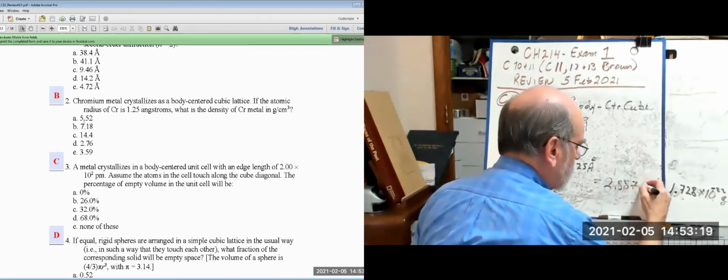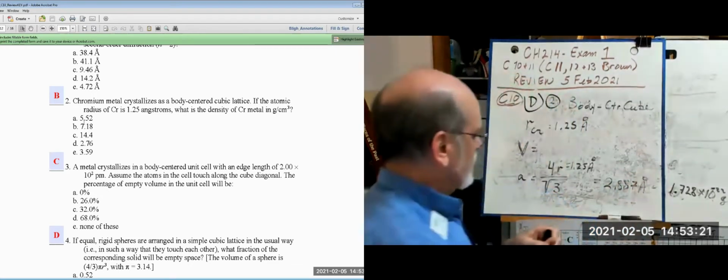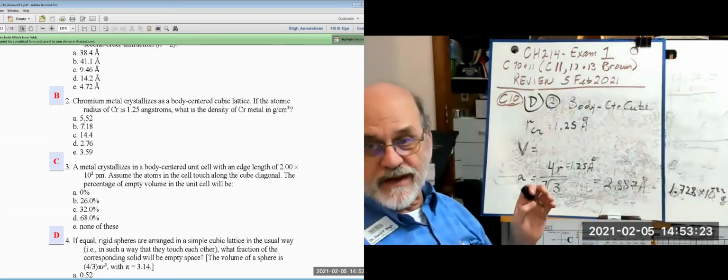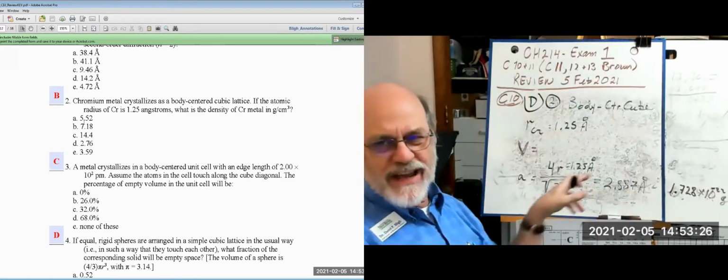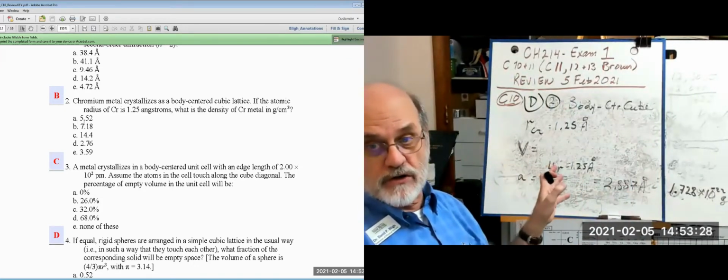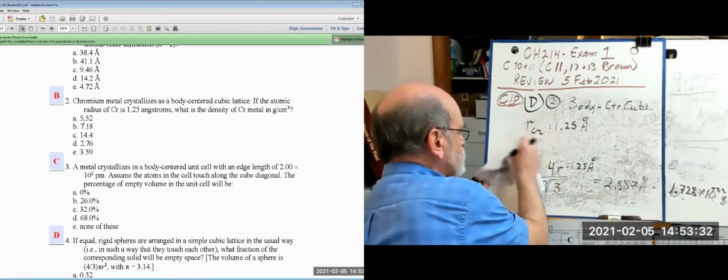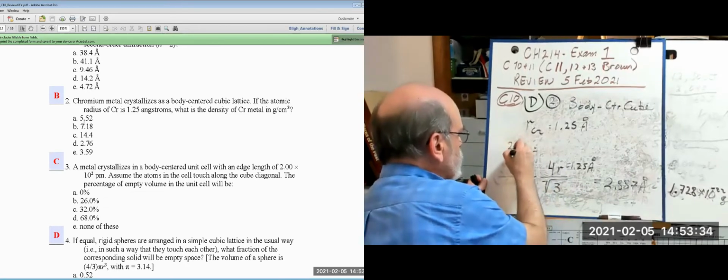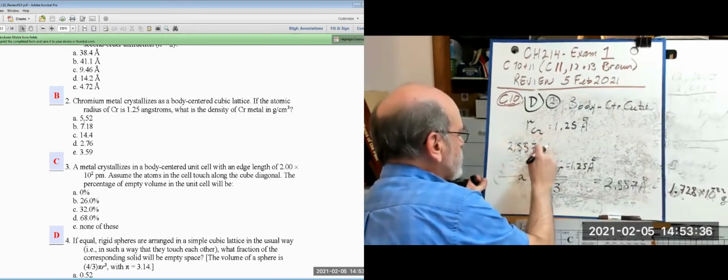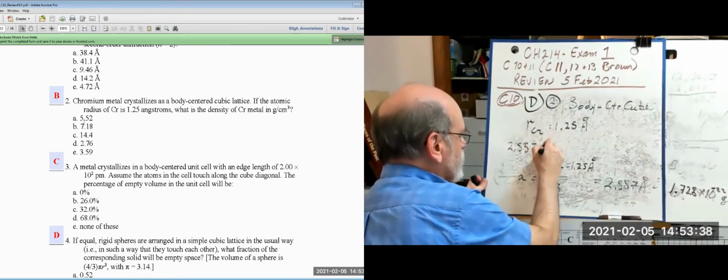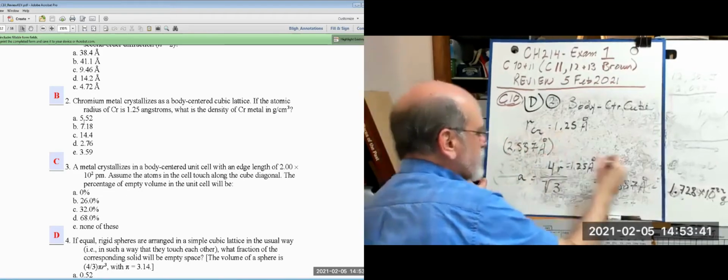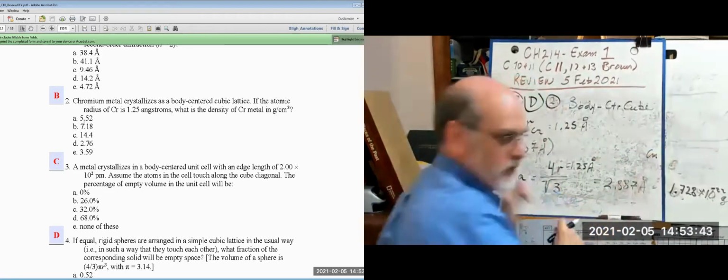But we need cubic centimeters. So let's change that to centimeters first. 2.887 angstroms, and we want to change that to centimeters before we cube it.